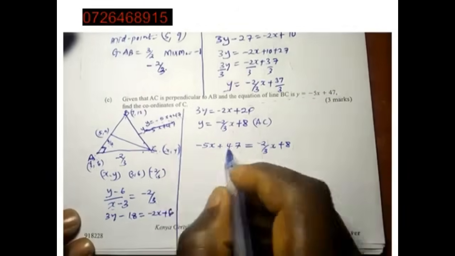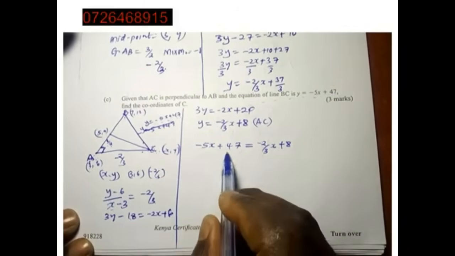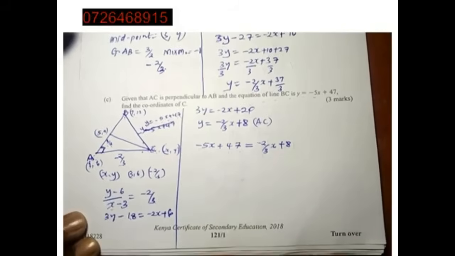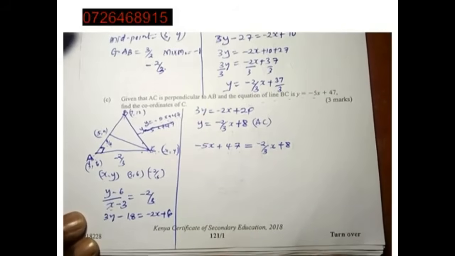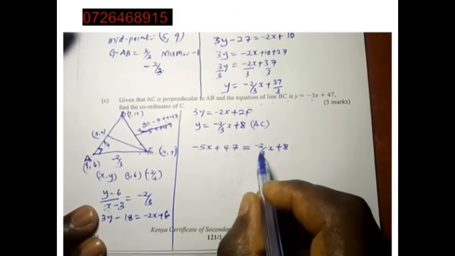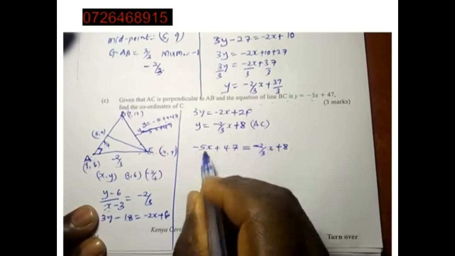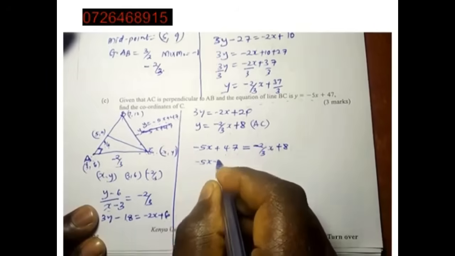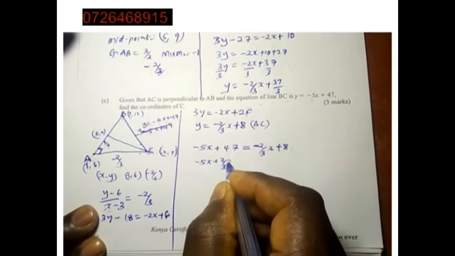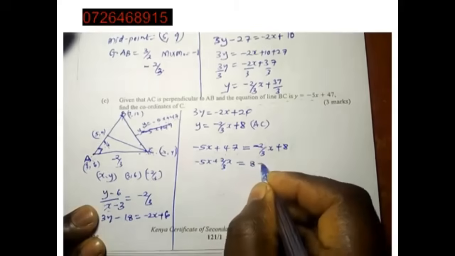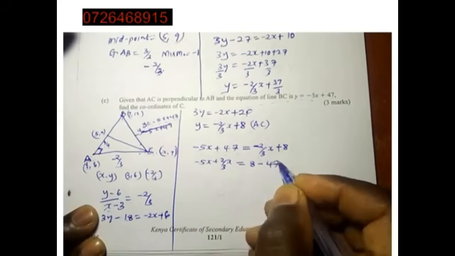This is going to give us the value of x. Like terms together, this negative comes to the other side, so -5x plus 2 over 3 x is equal to 8 minus 47.